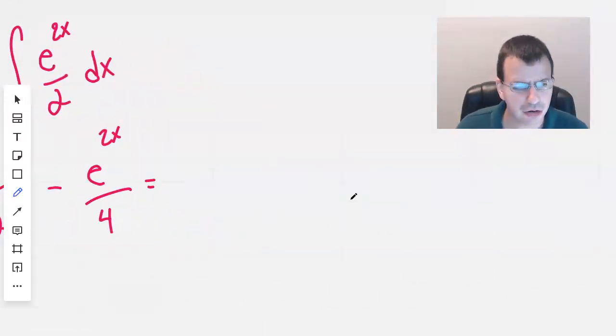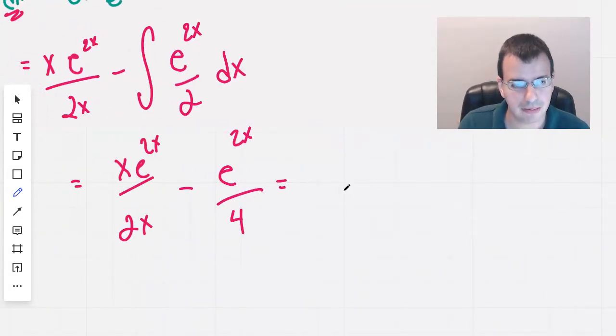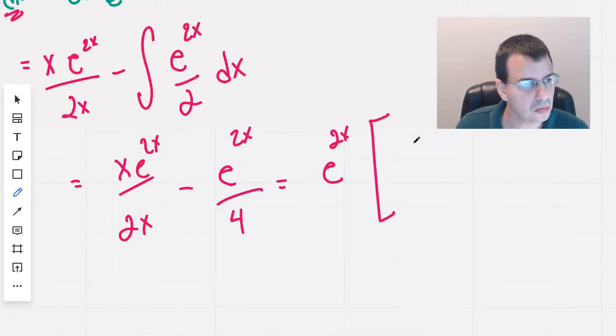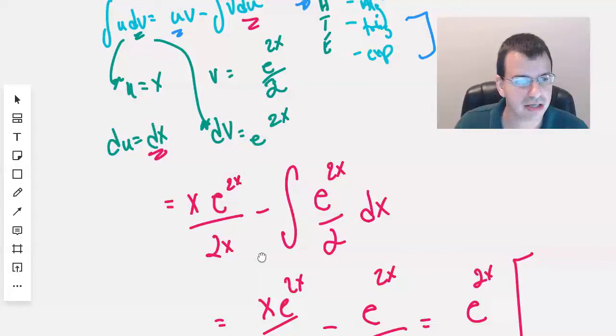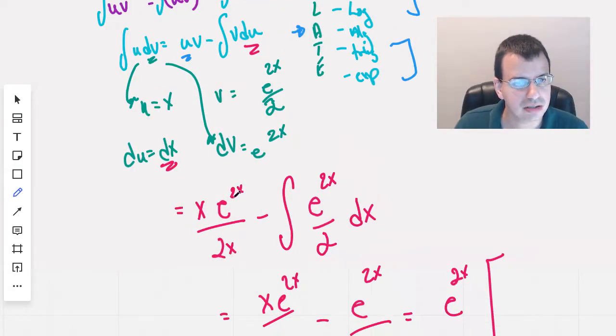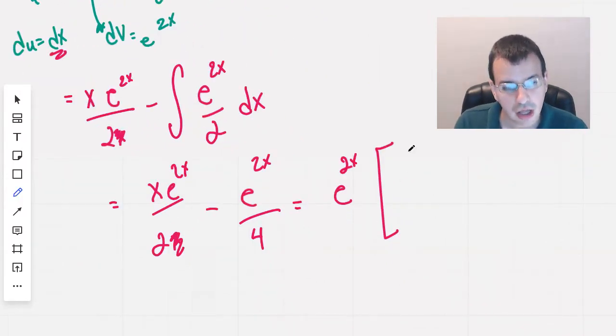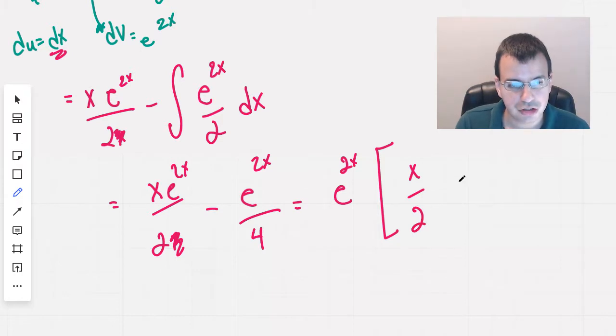And so here we get e to the 2x that we can factor out. And we will have x over 2, since x e to the 2x over 2 is u times v, minus 1/4.